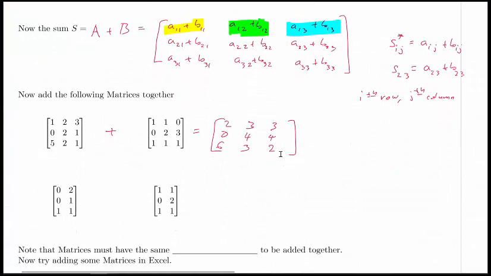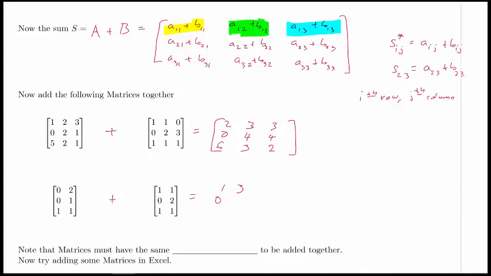Now we're going to add these other two matrices. We'll do it by hand first and then run through the Excel example. Alright, so again we're just simply adding each element in there. 0 and 1, that's 1. Next one, 2 and 1, 3. 0 and 0, 0.